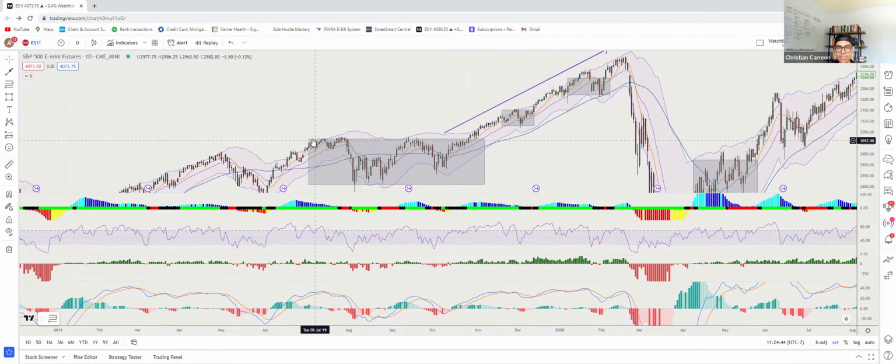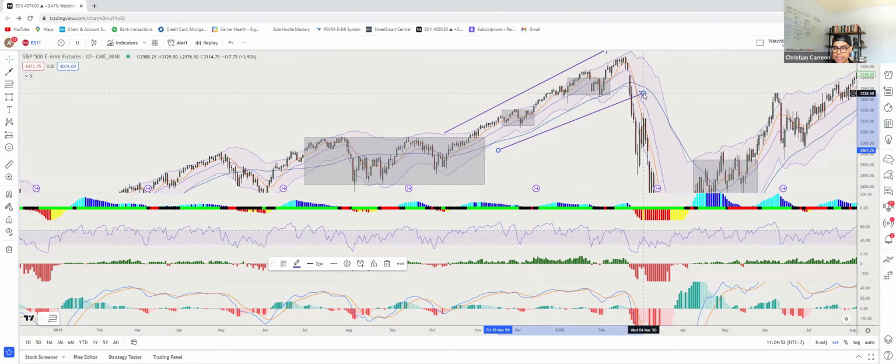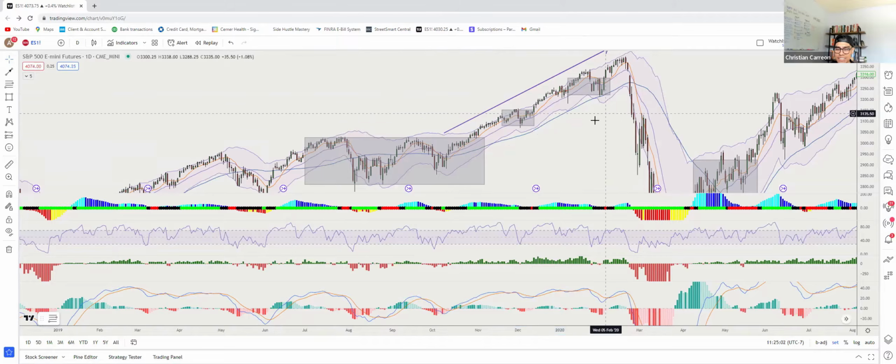He goes over how this is a stage 1 consolidation, what I call base boxes, and this is a stage 2 uptrend. Oddly enough, I created this before I read that book, so I wasn't aware of the stage 1, 2, 3, 4 trends and how they look.